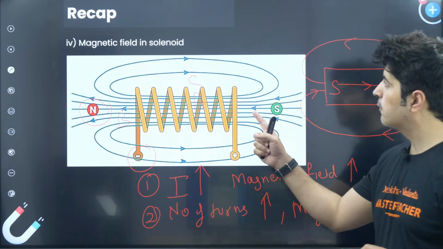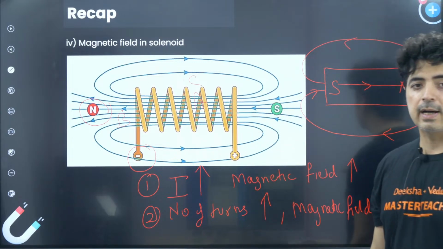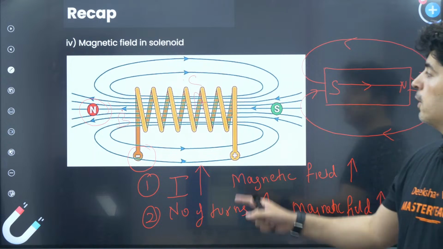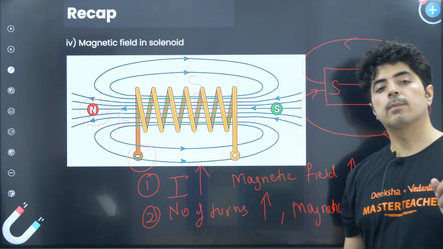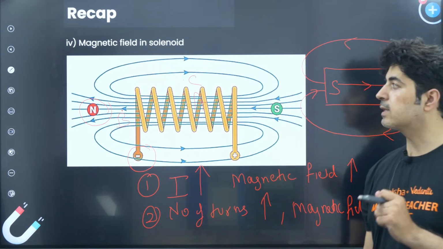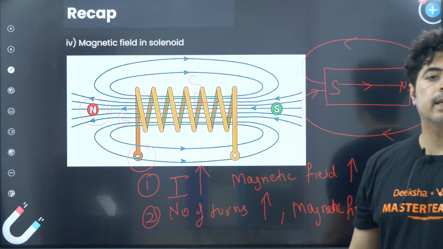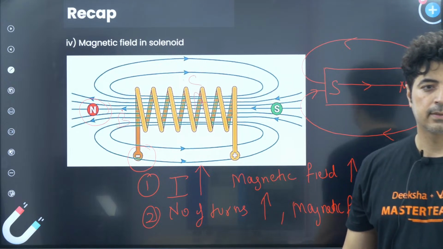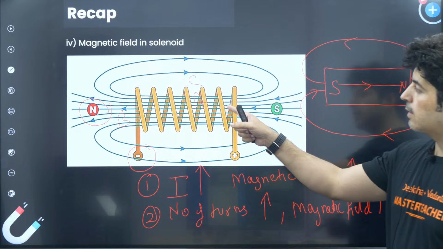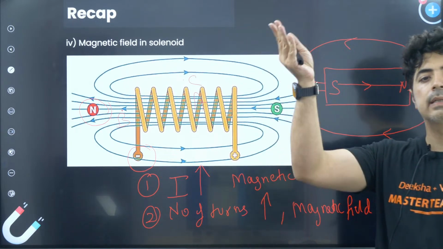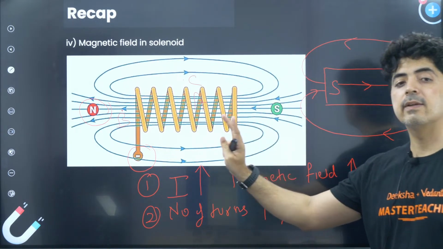Again, this question was actually asked: what is the difference between a solenoid and a bar magnet? This was a previous year board problem. A solenoid is an electromagnet. This is fundamental. Being an electromagnet, its magnetic field can be increased or decreased, and we can even change the poles.